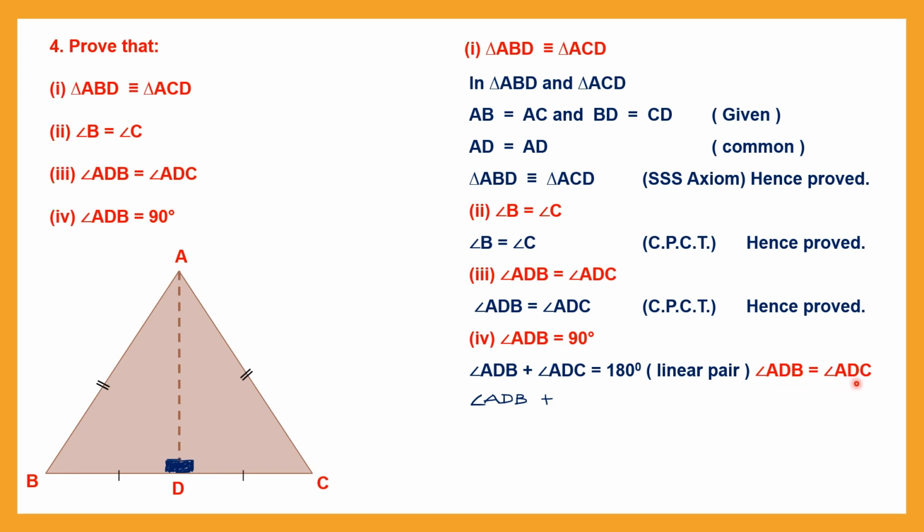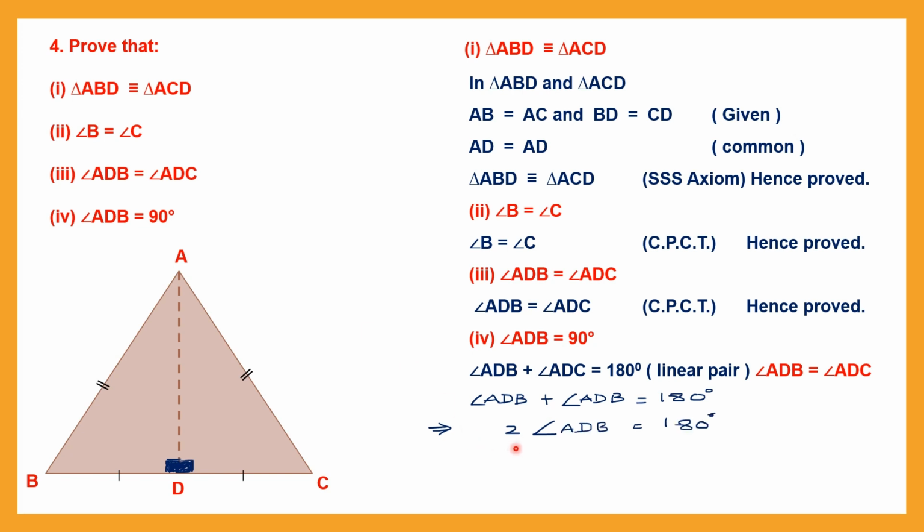Because both are equal. So this will be angle ADB. Together they add up to 180 degrees. So here you can see there is one angle ADB and one more angle ADB. So together they make up 2, isn't it? So 2 angle ADB is equal to 180 degrees.